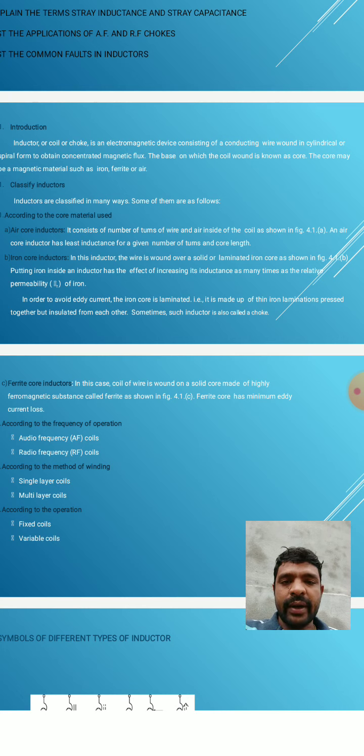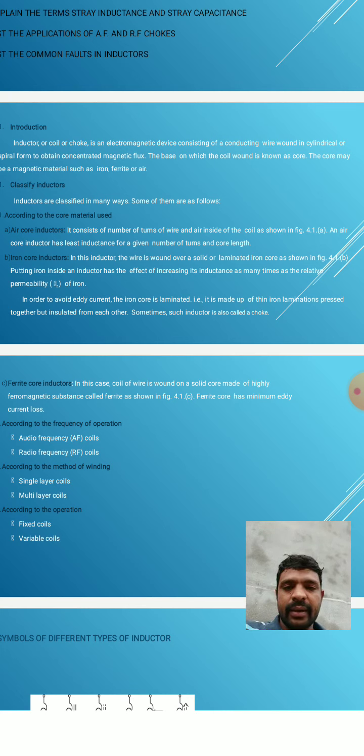To avoid eddy currents, the core is laminated, that is, made up of thin iron laminations pressed together but insulated from each other. Such inductors are also called chokes. The core is laminated to reduce eddy current loss.